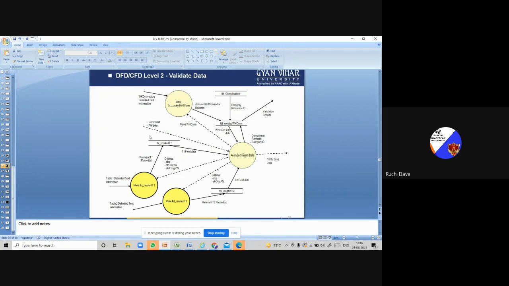Since the validation of the data is happening here, level 1 and 2 are depicting this. Have you noted down?